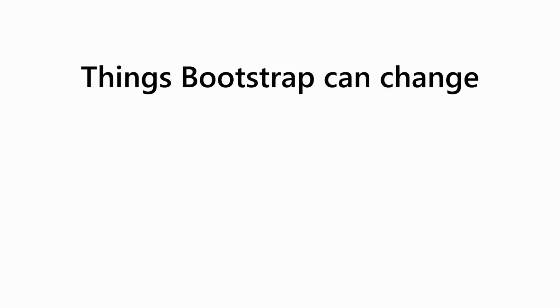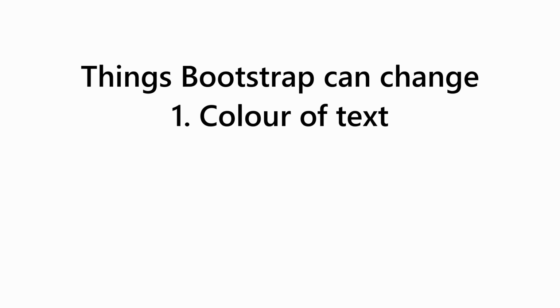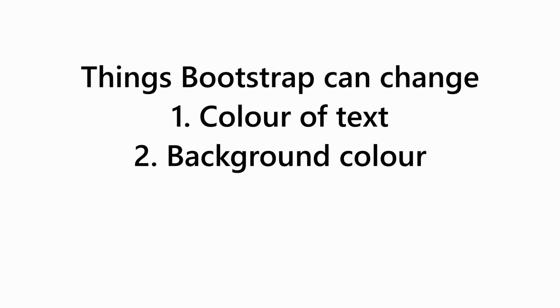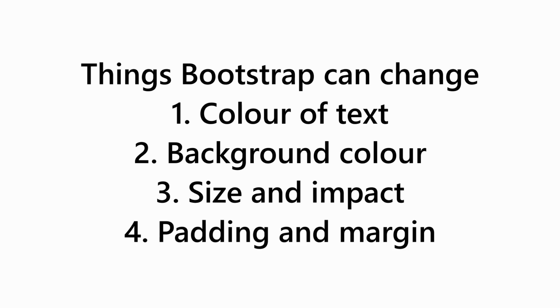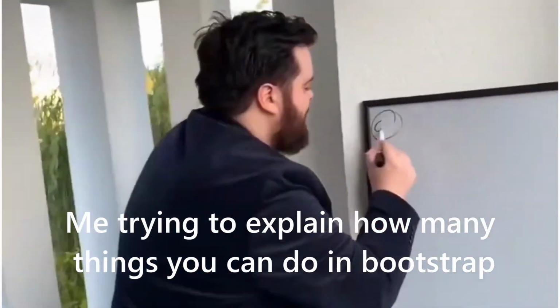It comes in many forms, like you've seen when I was setting it up. They can come in the color of the text, the color of the background, but it can be more nuanced things like size, how much impact does it have, is it very big, very faded, does it pop in your eyes, and simple stuff like padding and the margin of the text, which can be set to however long you desire.